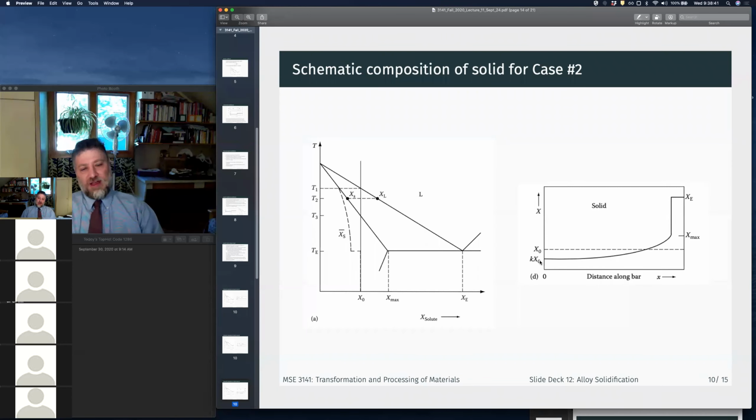This idea of solute rejection from the solid into the liquid is how purified, high purity materials were made for the early semiconductor devices, right? We'll talk about the concept of zone refining next week.